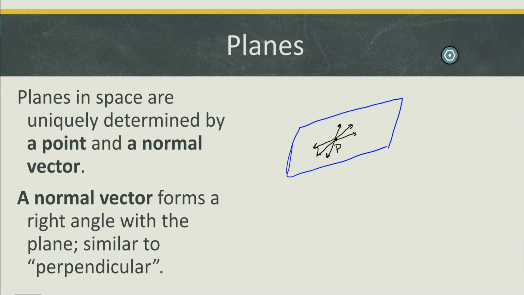So take a flat object and think about that. Draw a point, or think about a point on it, and notice you could actually have an infinite number of direction vectors that lie in that plane. So a direction vector is not helpful for us in describing a plane.